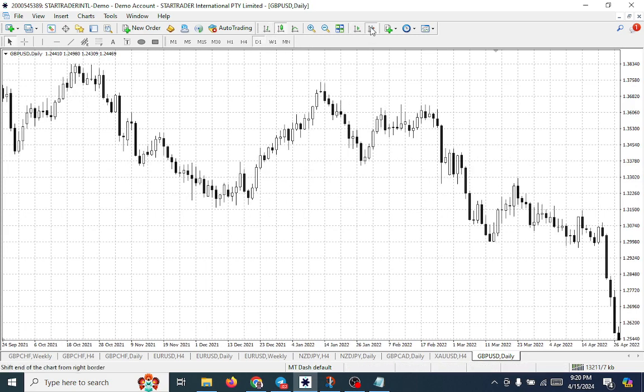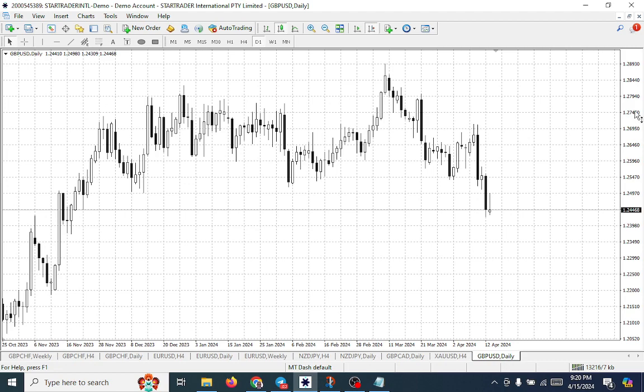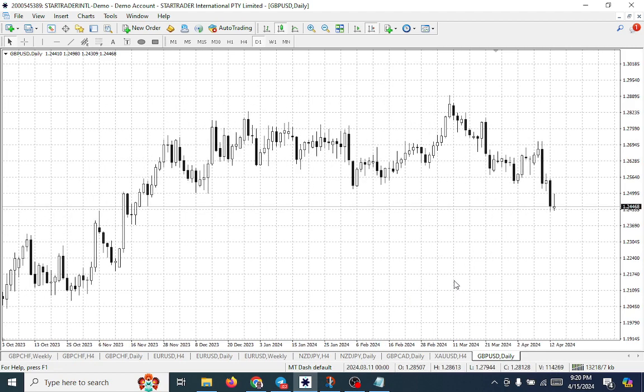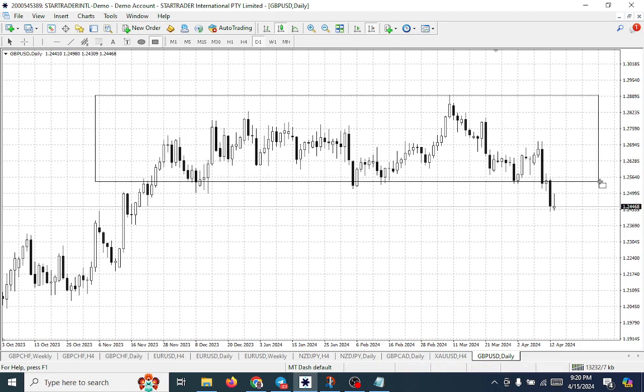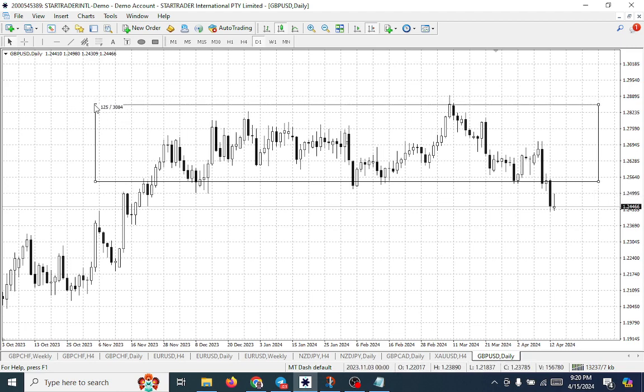So on the daily time frame, guys, you can see that the range has been expanded. Now you can also see that the market is still in the ranging mode. But it looks as if that range has been broken here. I'll show you what I mean, guys. It looks as if the range has been broken here.